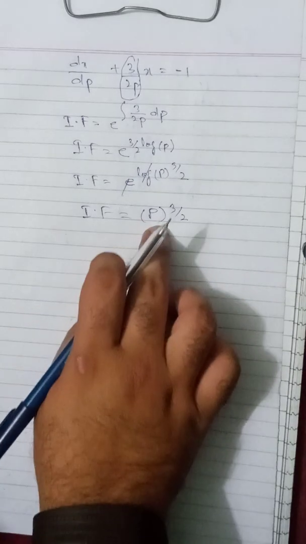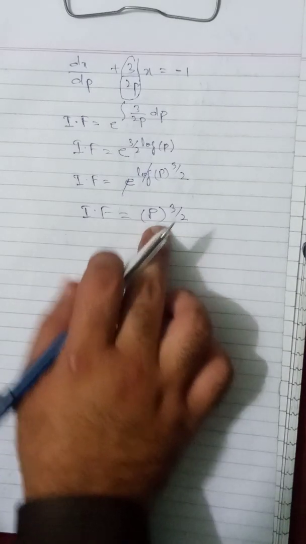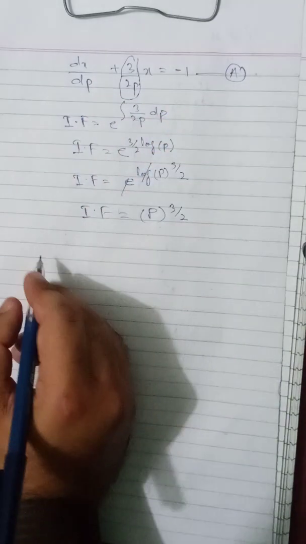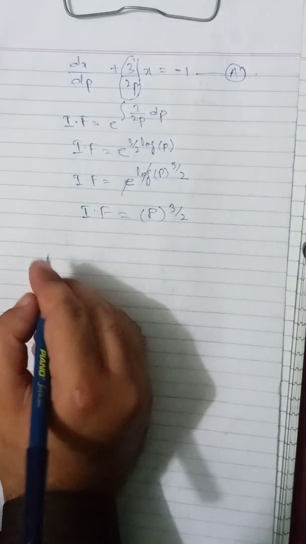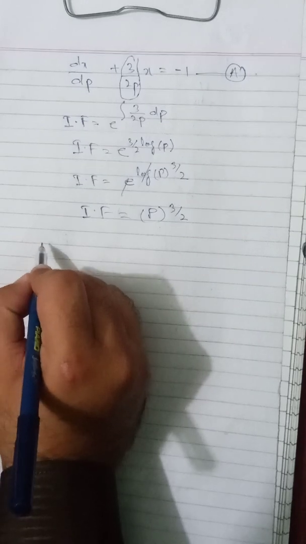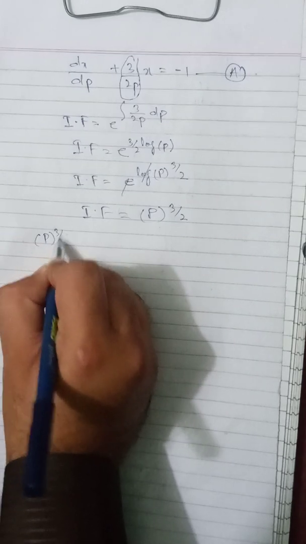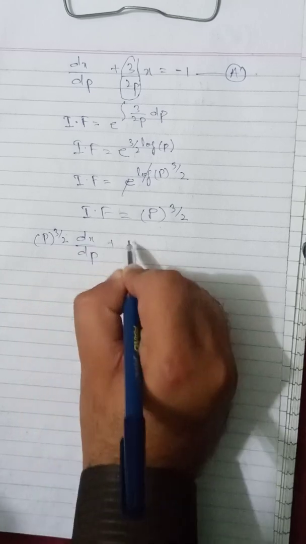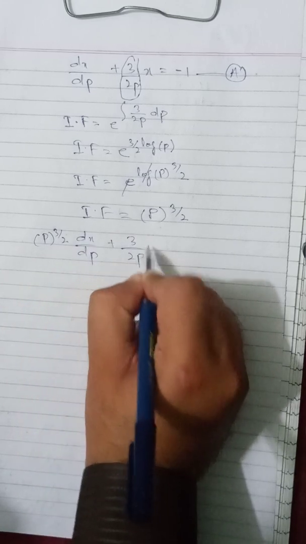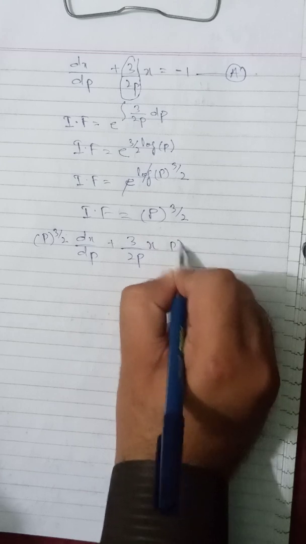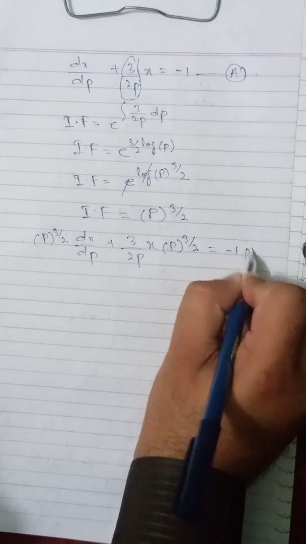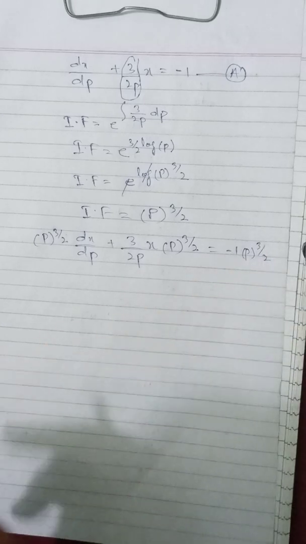Now if we multiply this integrating factor to both sides of this differential equation, then it will be p power 3 divided by 2 dx by dp plus 3 divided by 2p x p power 3 divided by 2 equal to minus 1 p power 3 divided by 2.